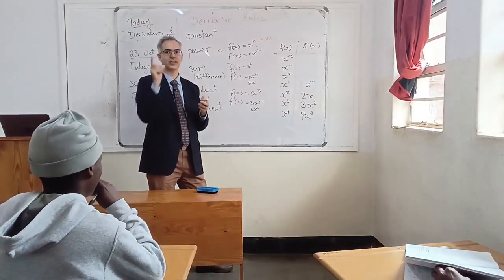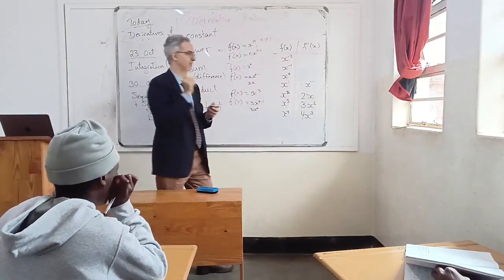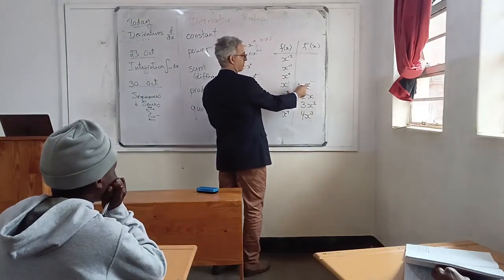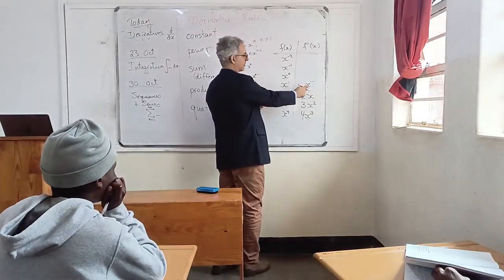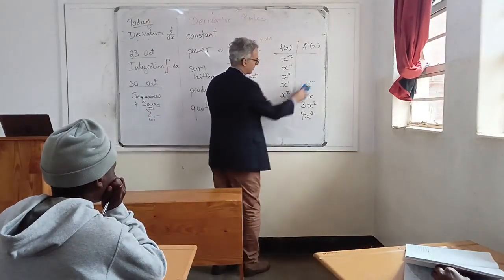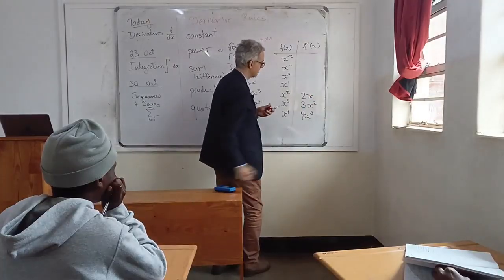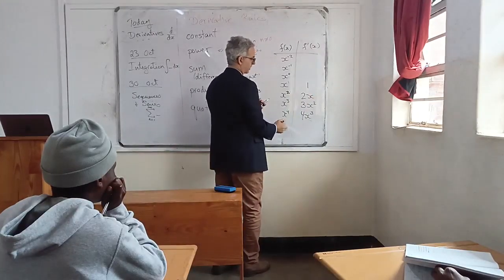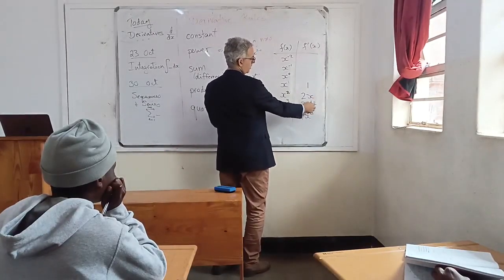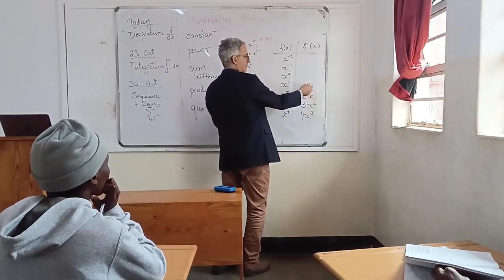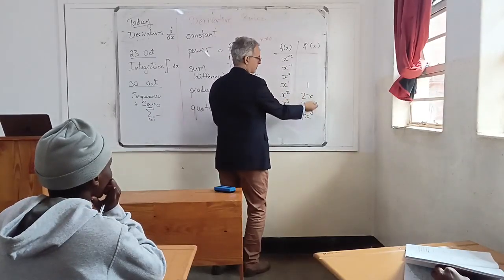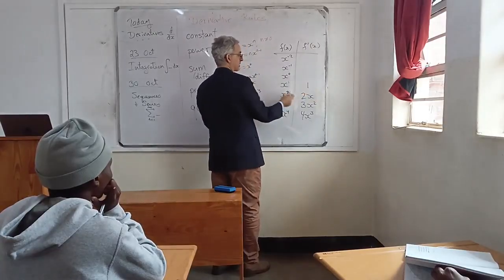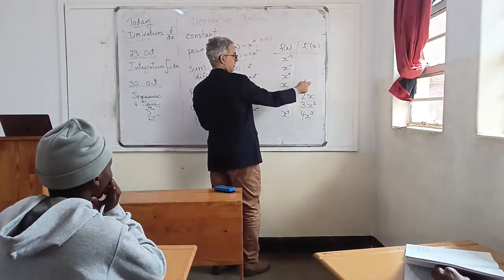Anything to the power 0 is 1, right? So then we have 1 times 1, so this is just 1. So notice we're going x cubed, x squared, x, no x. We keep subtracting 1 power. So the derivative of x is 1, right?